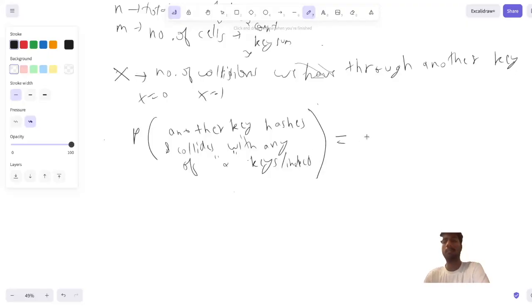So what will it be? The total number of cells, we have M, and what is the number of indices that the second key after A has to avoid? It will be k, right? Because A has been hashed to k indices.